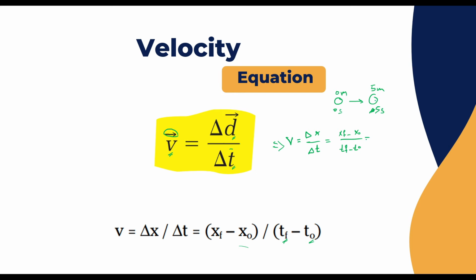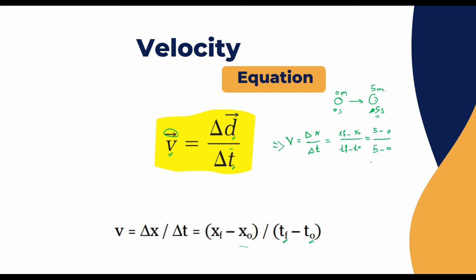Now in this case, what is the velocity of that golf ball? It is x final. What's the final location? It was 5 meters, minus x initial, which was 0, over t final, which was 5 seconds. It took the ball 5 seconds to reach the final location, minus what was the time at location 0?